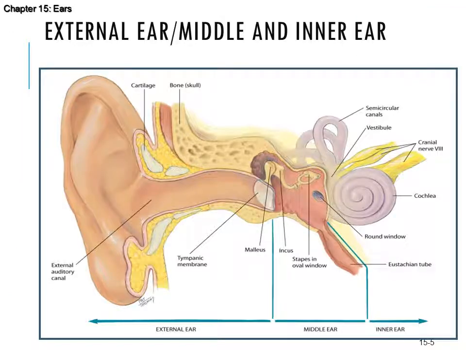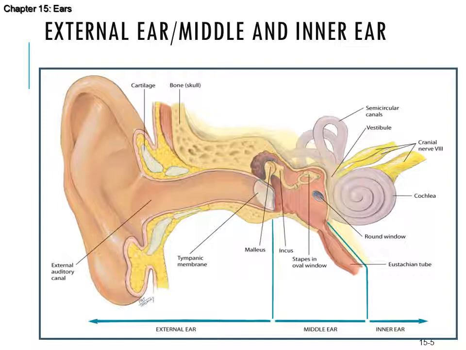Now this picture tells us a little bit about where the structures are located. Going from the external ear, from the pinna, looking down into the ear canal, we see the tympanic membrane outline. And then the middle ear, so the external ear goes up to the oval window.